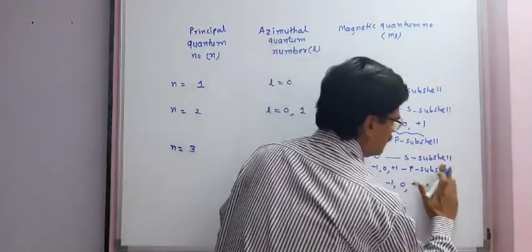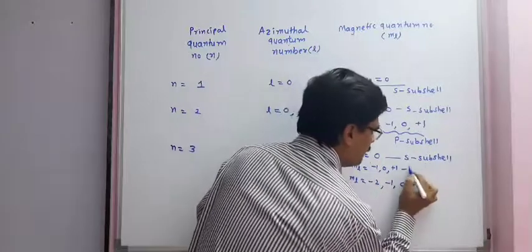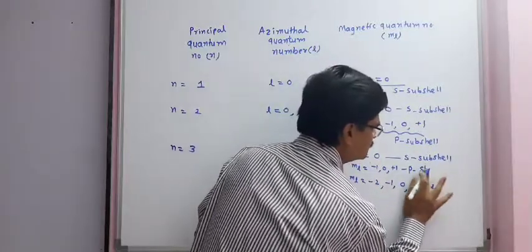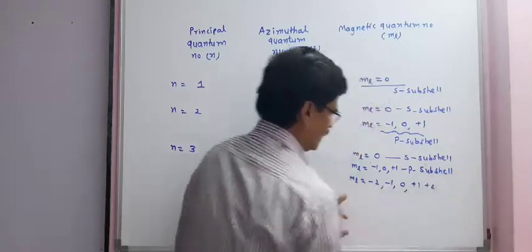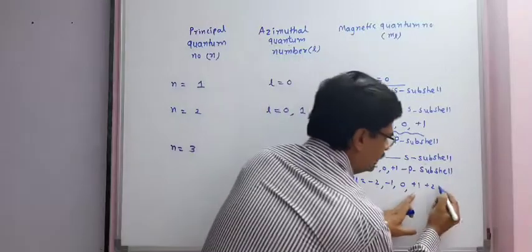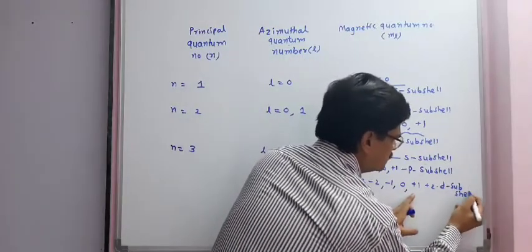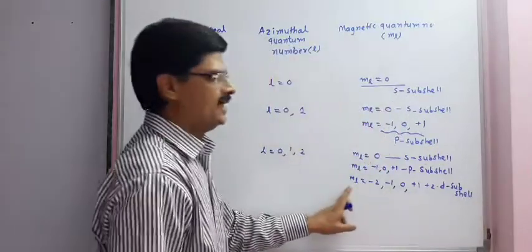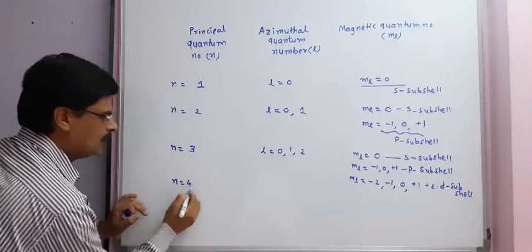We can say S type of orbital only 1, P type of orbital 3, and D type of orbital 5.